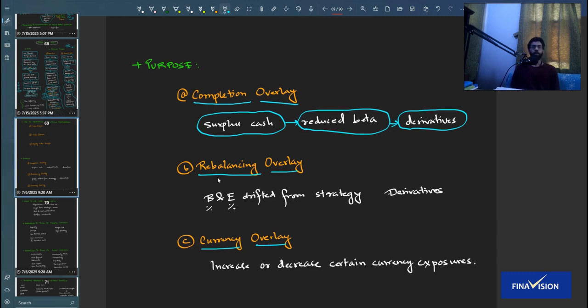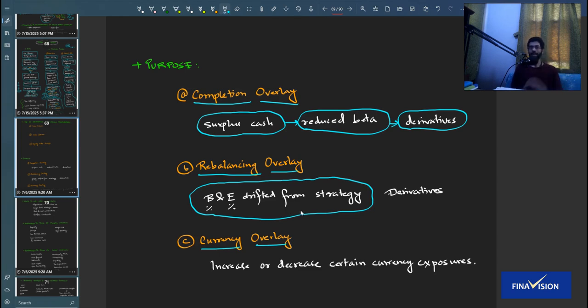Then, rebalancing overlay. As we are saying, let's say the bond percentage and the equity percentage have drifted from the strategy, right? And the markets are such that the manager prefers not to directly enter the markets right away and change the portfolio.